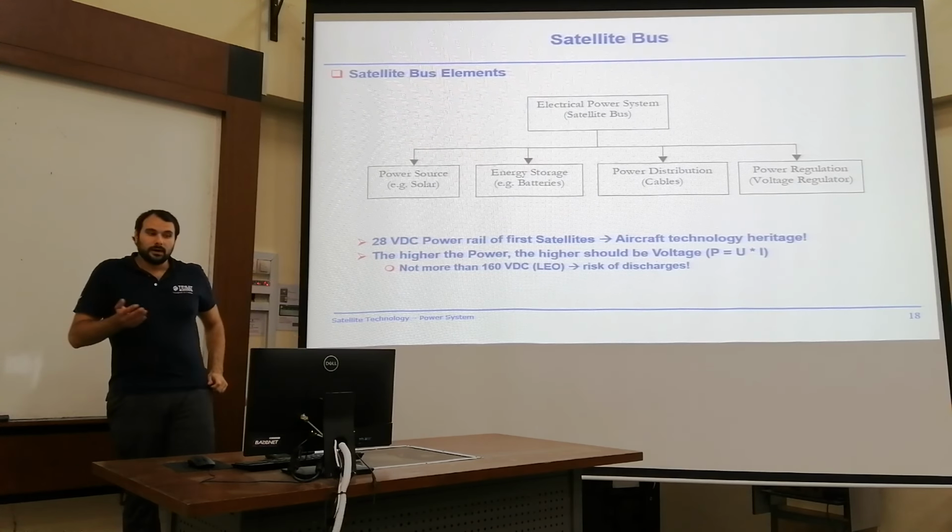If we have the switch open, we can only discharge because of the diode there. If we close the switch, then we kind of short this diode and we can then charge the battery. Again, measuring the current and the actual voltage, we have a good set of telemetry to control our PCDU.